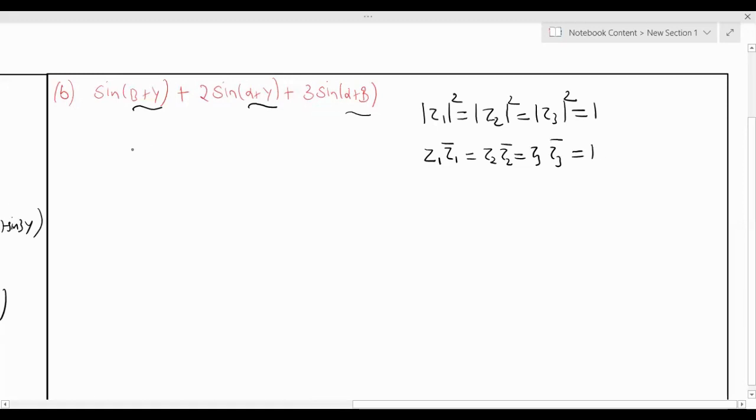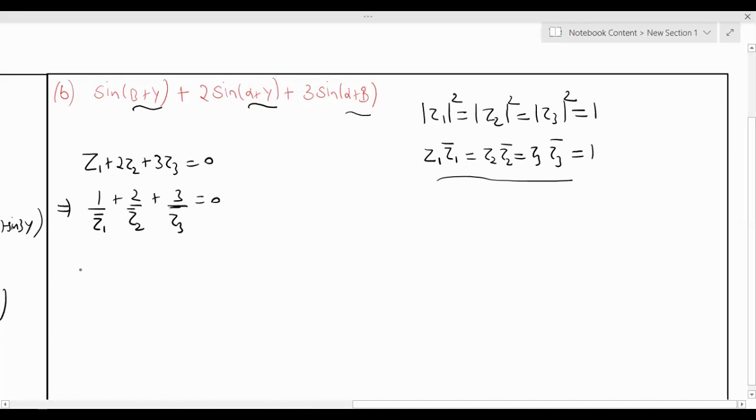I'm going to use this in the condition which we have proved. We have proved that Z1 plus 2Z2 plus 3Z3 equals 0. With the help of this, I can use 1 by Z1 conjugate plus 2 by Z2 conjugate plus 3 by Z3 conjugate.